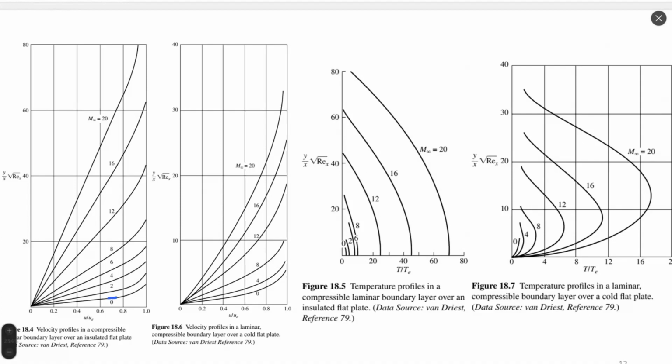Once we increase external flow velocity, the boundary layer will also grow. For very high supersonic or hypersonic Mach number, Mach 6, Mach 8, 12, the boundary layer thickness theoretically is quite significant. Right. The higher the Mach number, the bigger the thickness of the boundary layer.